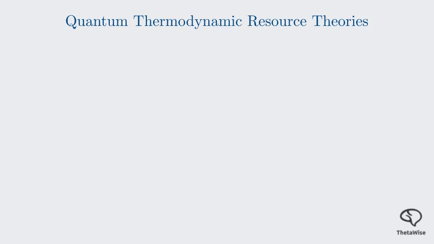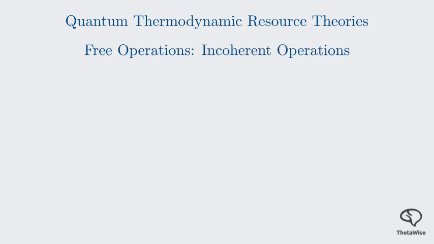For coherence, these are called incoherent operations. Incoherent operations are those that do not create coherence. They can only destroy it or leave it unchanged. They are the cheap operations in this theory. Any operation that creates coherence is considered a resourceful operation and requires an input of coherence.